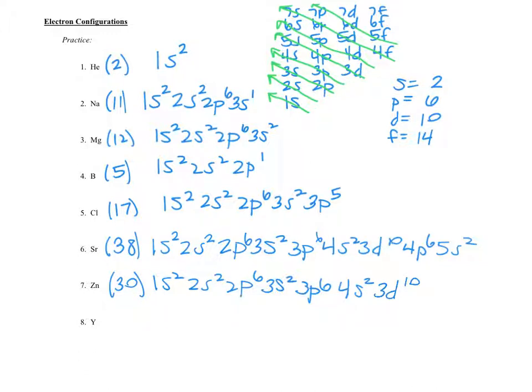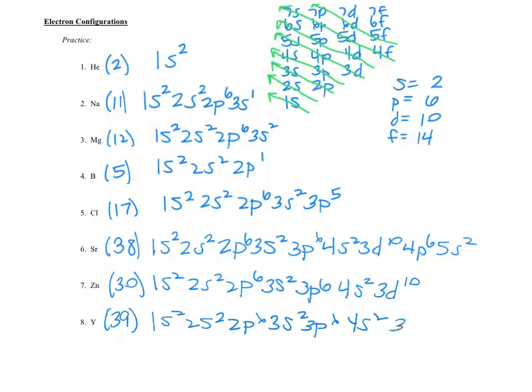And finally, we're going to do yttrium. Yttrium, you need to seat 39. You know you're going to go a while, so once you get good, you can start with the 1s2 and just cruise along, filling them to their max. So 2s2, 2p6, 3s2, 3p6, 4s2.